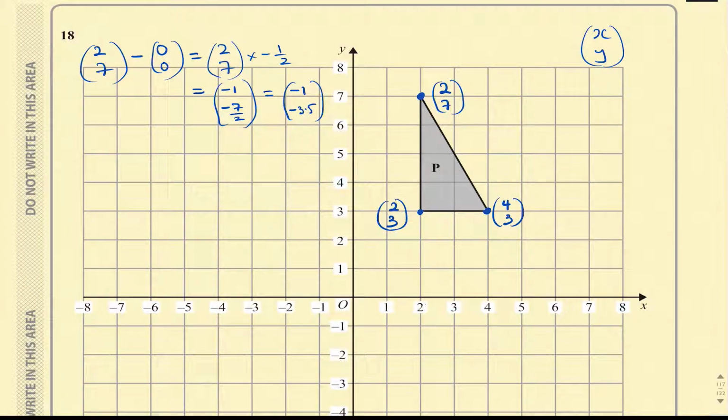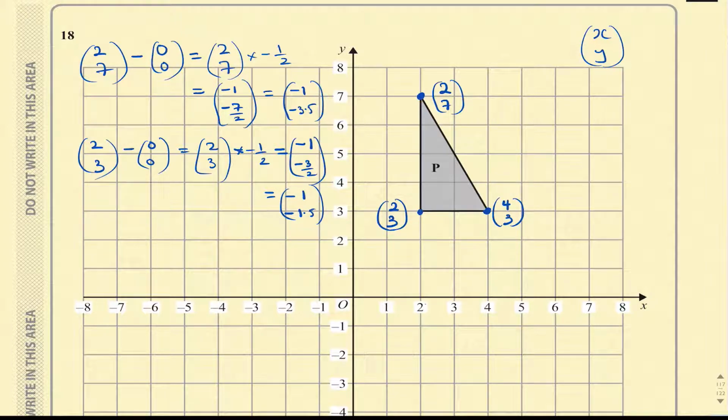Now we do the same to another point, which is (2, 3). Take away (0, 0), still the same. So (2, 3) times the scale factor -1/2, and we get -1, minus 3 over 2, and that will become (-1, -1.5).